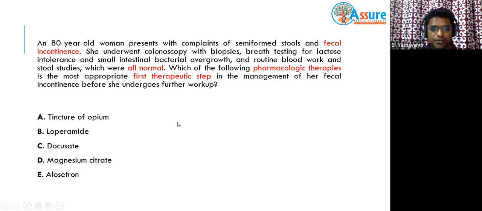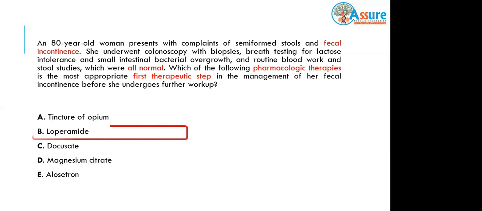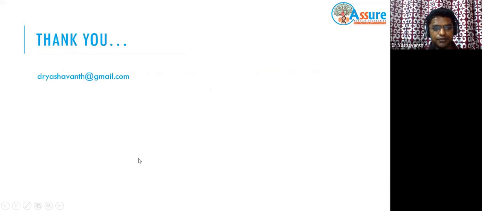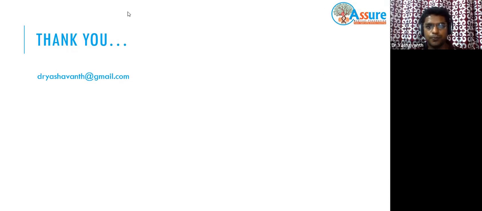What is your first pharmacological therapy? Loperamide, B. Yeah, very good. Others have side effect profiles. Docusate and magnesium citrate, we use them to induce diarrhea, so it won't be helpful. That's all. I hope it was of help to you.